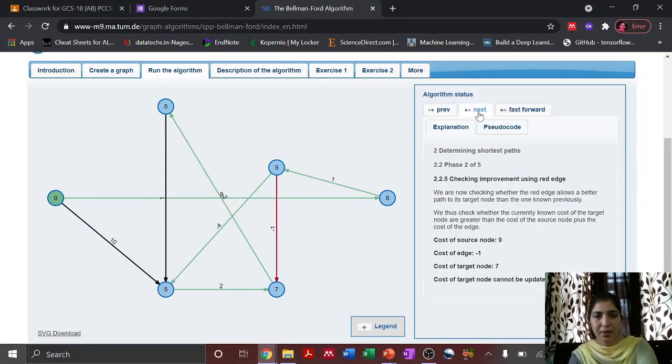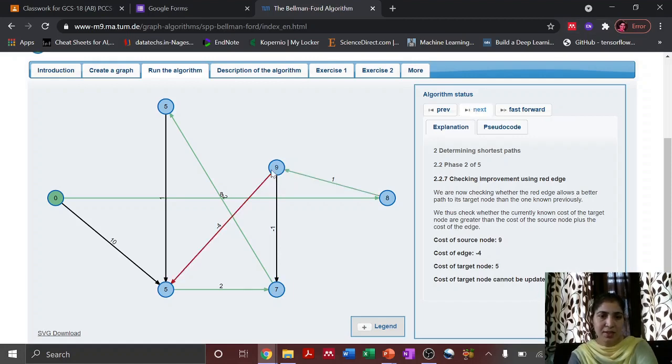Let's run again. Now from this 9 we are going to 7, but the distance will be 8. Already we have a better distance, so it will not be updated. Let's move ahead. 8 to 9 we are going, and 8 plus 1 is 9, so it will not be updated.